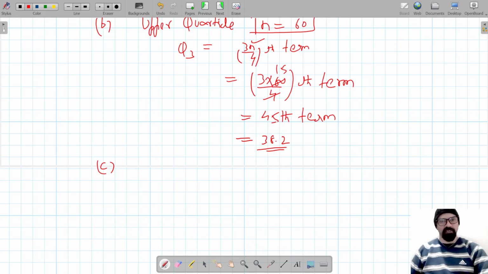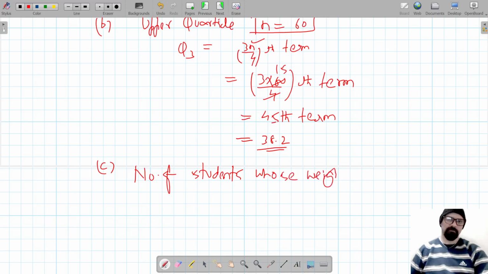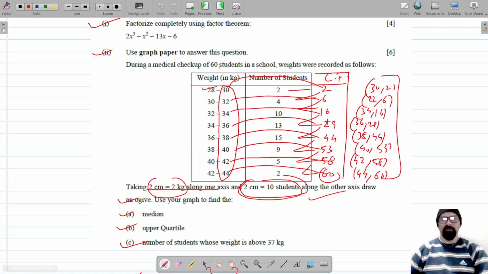Now for part C. Part C says that we have to find the number of students whose weight is above 37 kg. Let's check. 37 comes out to be here. So this is where the 37th term is.